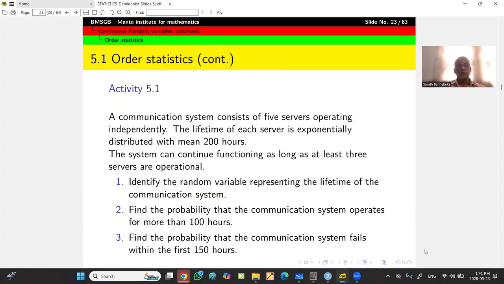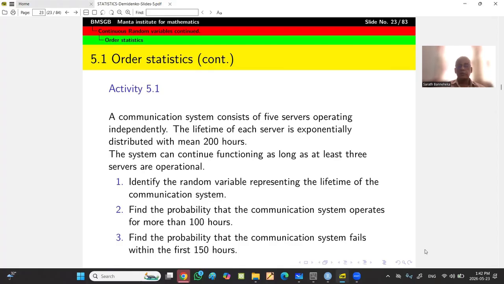The system can continue functioning as long as at least 3 servers are operational. In the previous problem, we needed all of them to work for the system to work. But here there are 5 servers. If at least 3 of them are working, the system will still work.